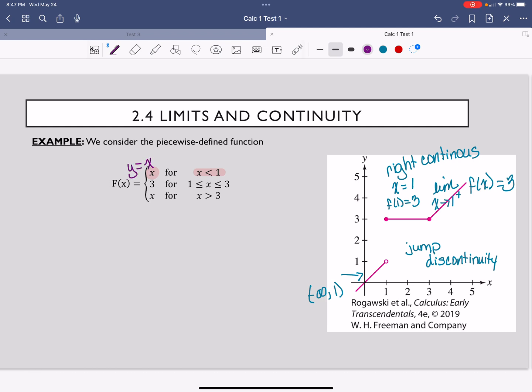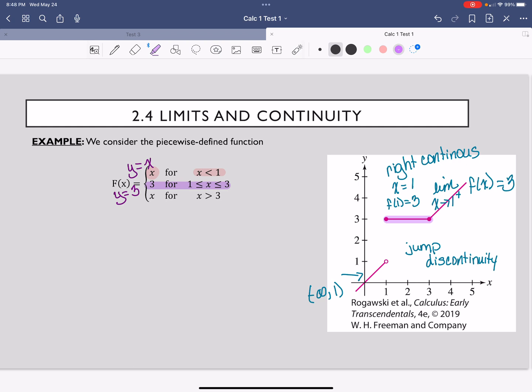And we are following the y equals x rule for this interval, which is -infinity to 1. Then our next part is telling us that from 1 to 3, we are going to follow the rule f of x equals 3. You can think about that as y equals 3. And that is this part of the function right here.